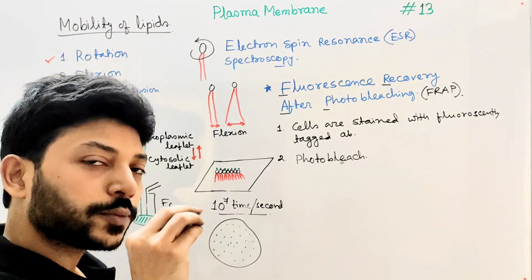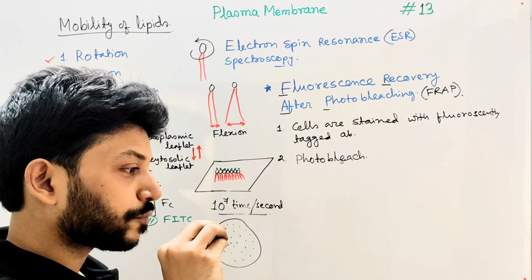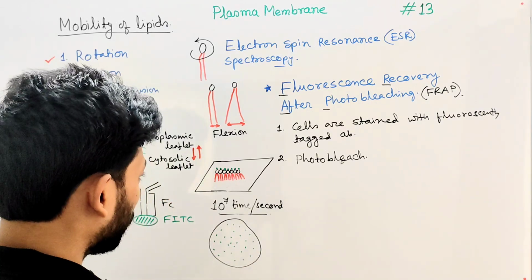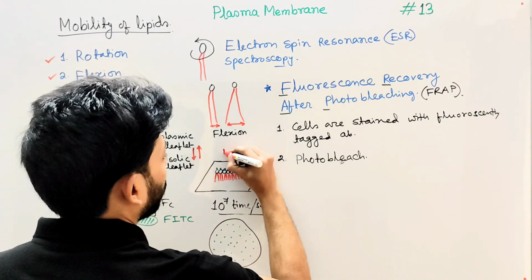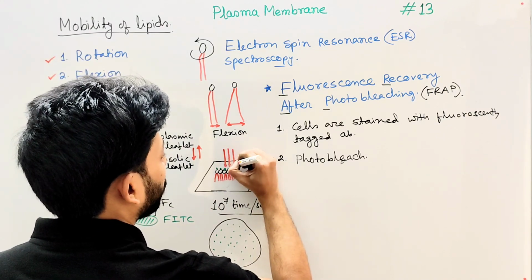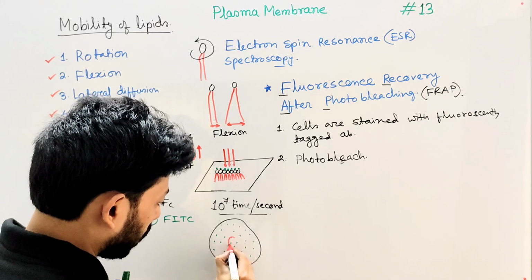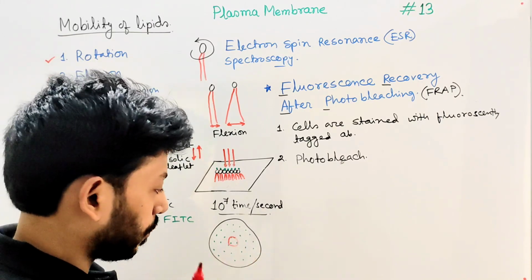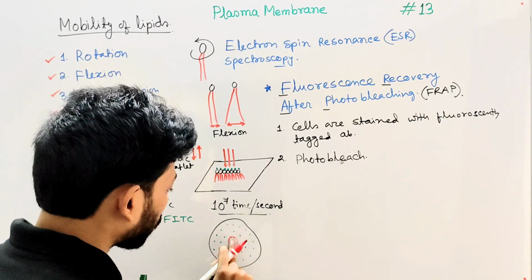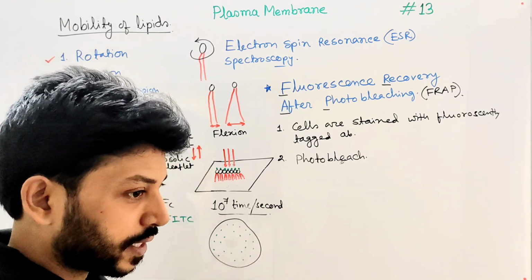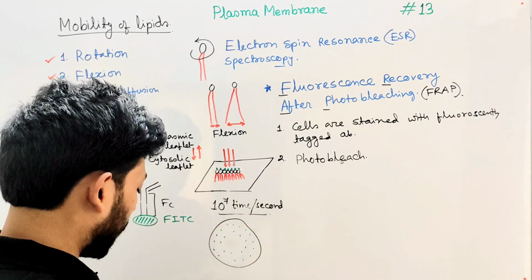Basically, a particular small region is bleached with a laser beam. We will throw a laser beam on a particular small area. Let's suppose here in this region we are throwing the laser beam. From this region there will be no fluorescence coming because it will bleach the area.